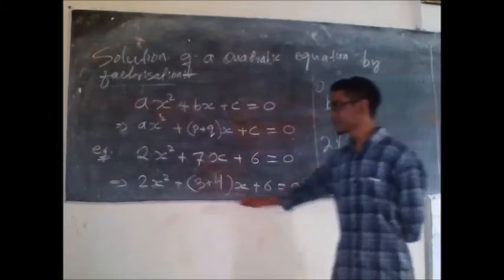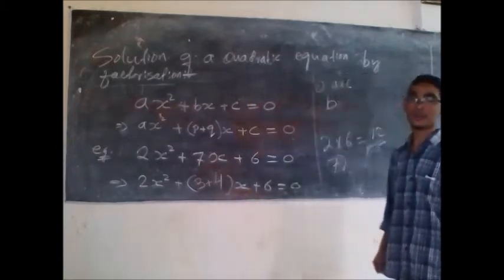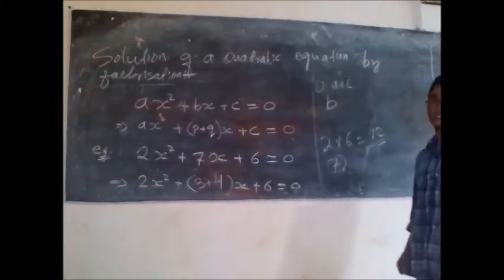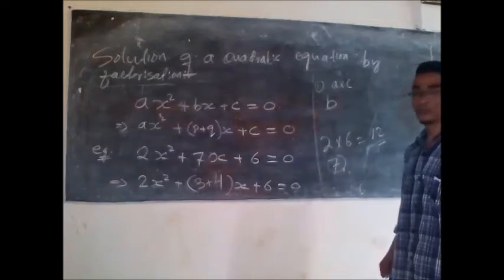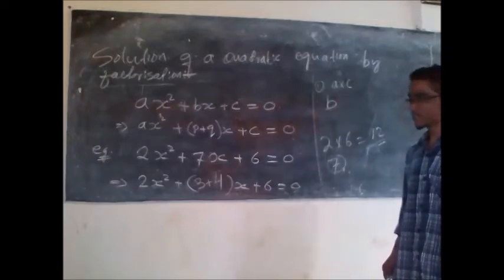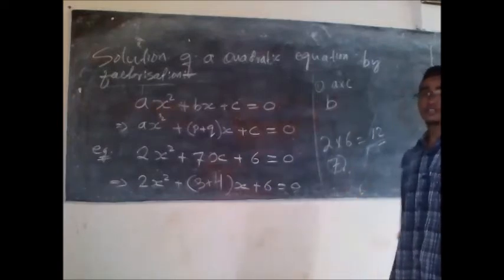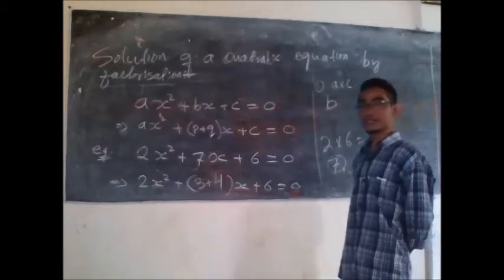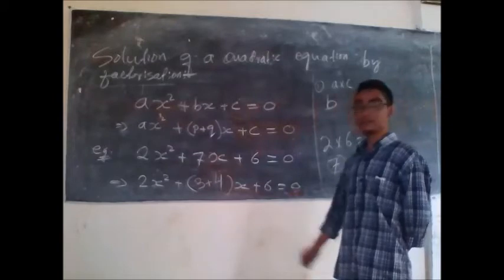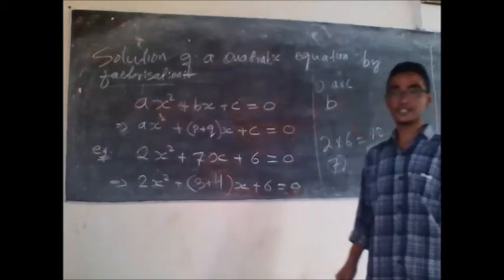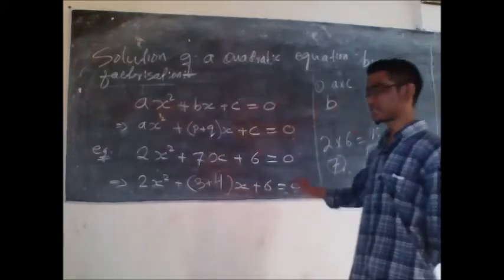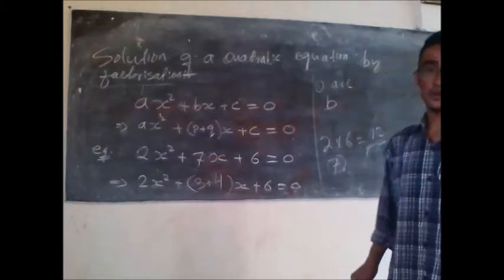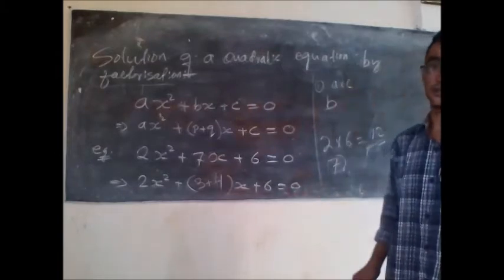So this is the correct way to factorize, or how to split the middle term. This is the general information, and for the next example I will do the next question. This is the first part.